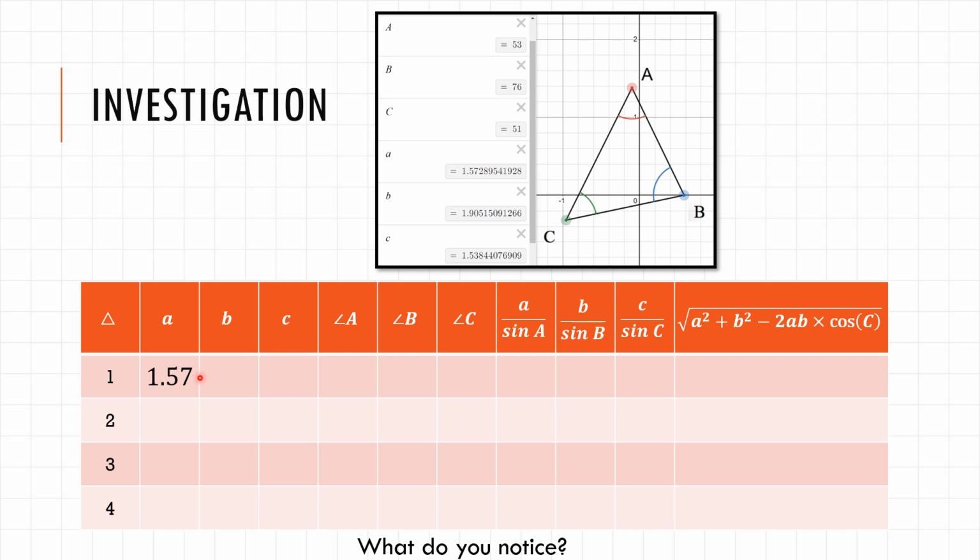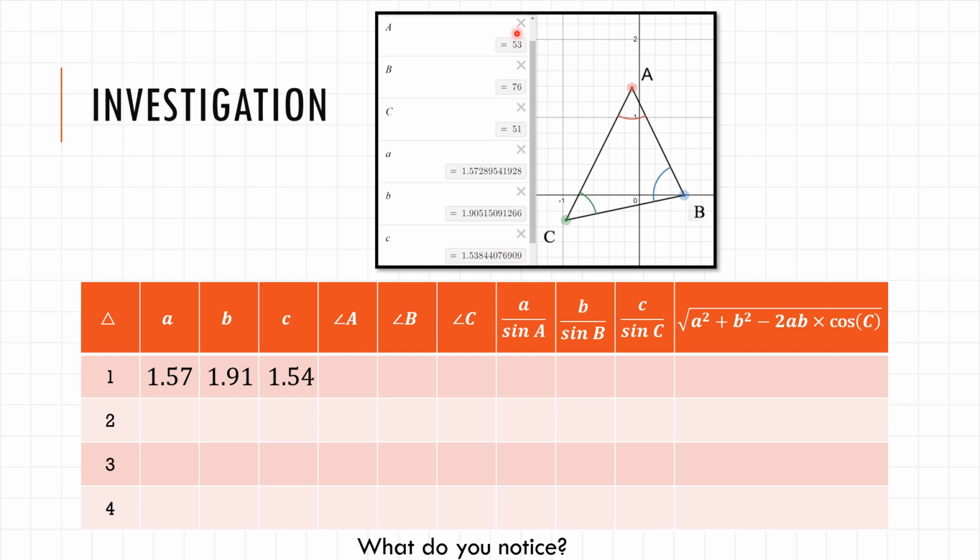Next up, I want to find out what is the side length of B. B would be 1.91. C would be the side opposite angle C, so that would be this side right here. And I know that the length of this side is 1.54 according to the software.